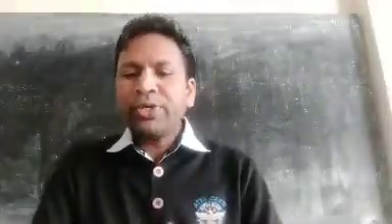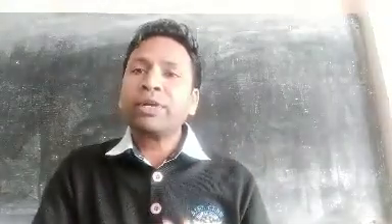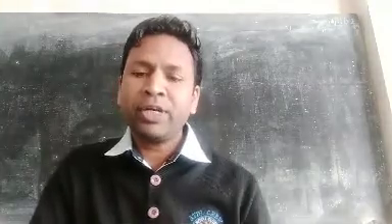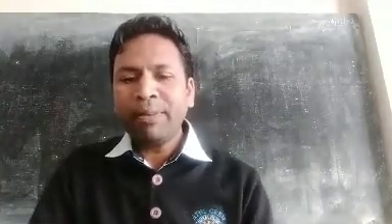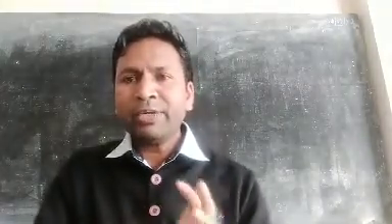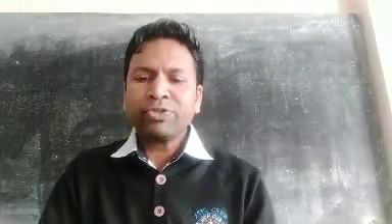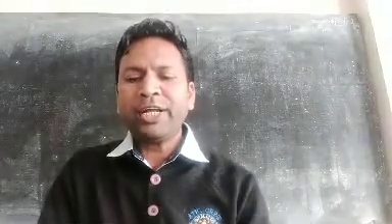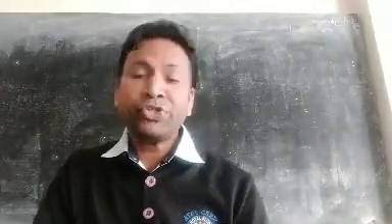So how can we manage? Here we will see that different roles are played by different parties. Let's see the role of individuals and the community. They should provide food, clothing, shelter, medicines and other items of necessity to the victims.